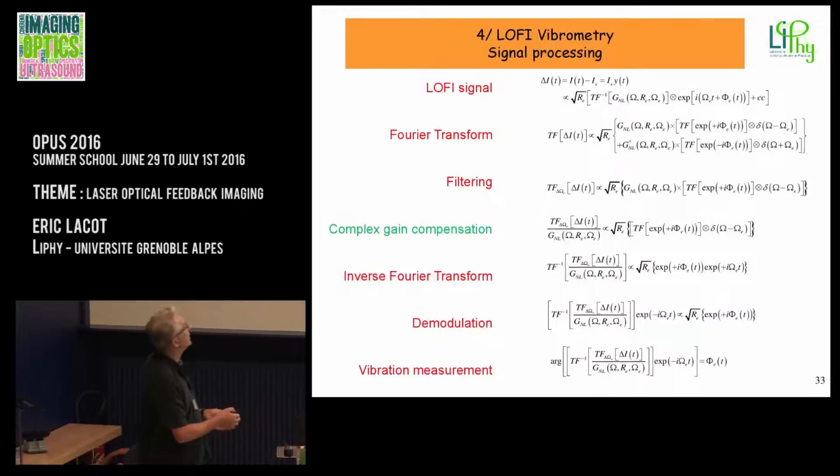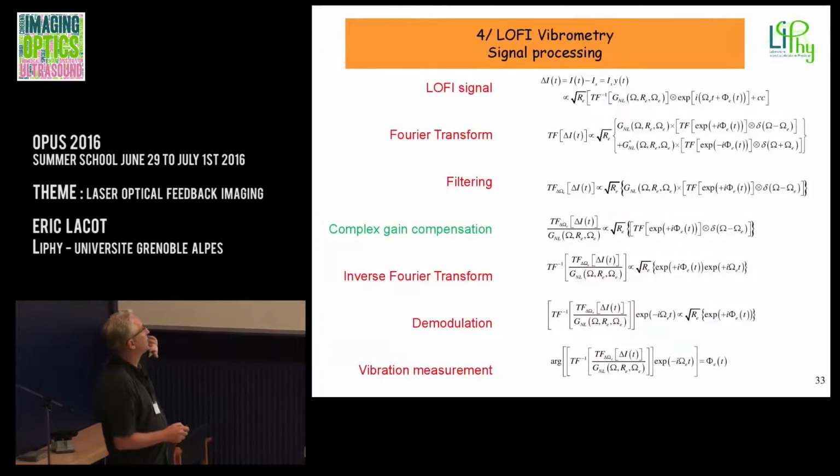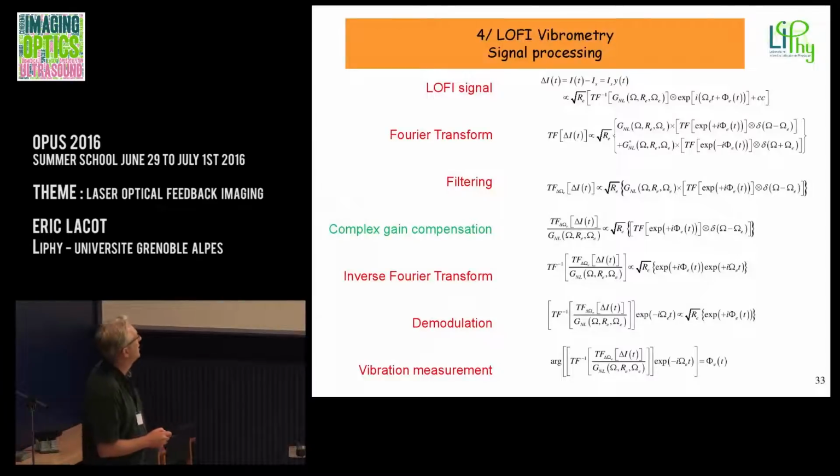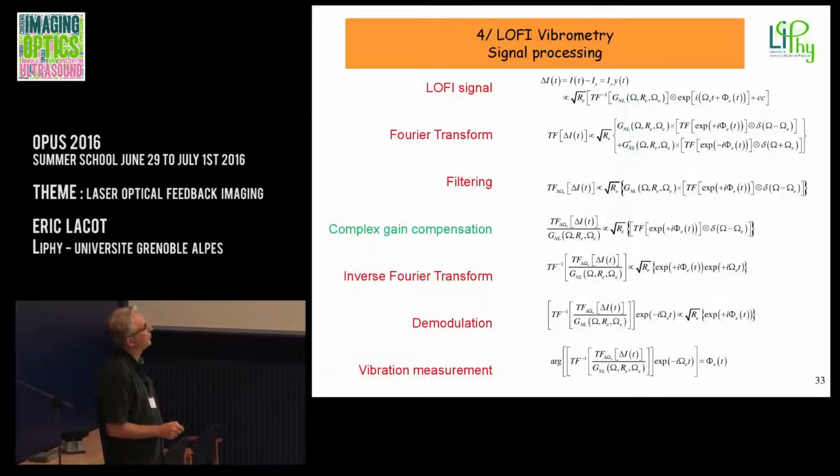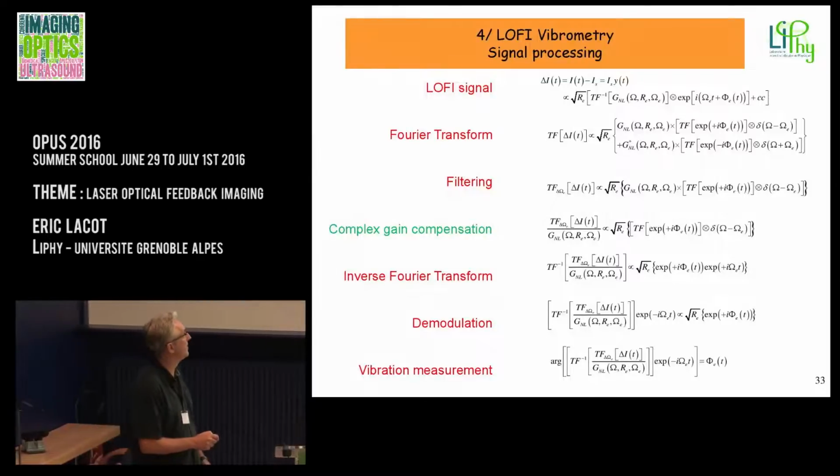To begin, I need to explain how it is possible to extract a good vibration from the LOFI signal. What is the signal processing to extract a good vibration? The first step is to record the LOFI signal, which is a convolution between the beating and the impulse response of the laser dynamic. The impulse response of the laser dynamic is the inverse Fourier transform of the LOFI gain.